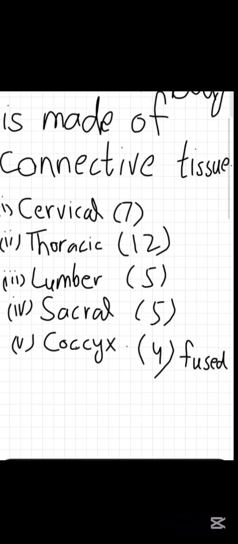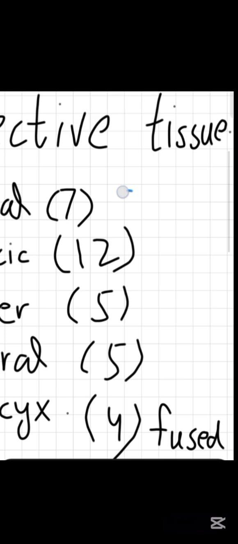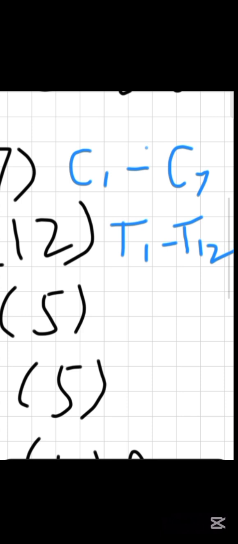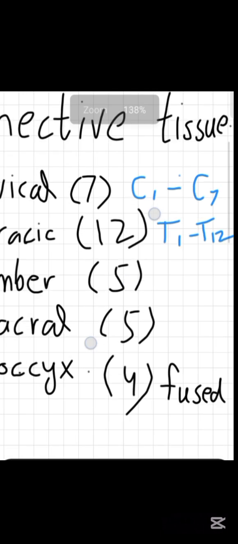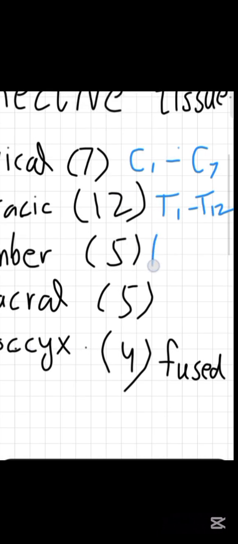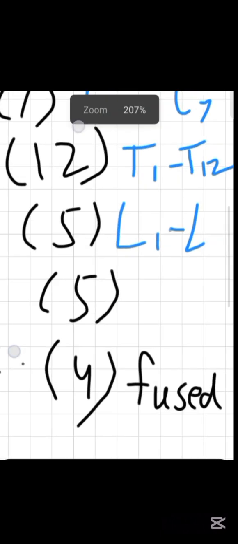Okay, cervical vertebrae are seven in number, so they are named C1 to C7. In the same way, thoracic are T1 to T12. Then lumbar are five in number, L1 to L5.